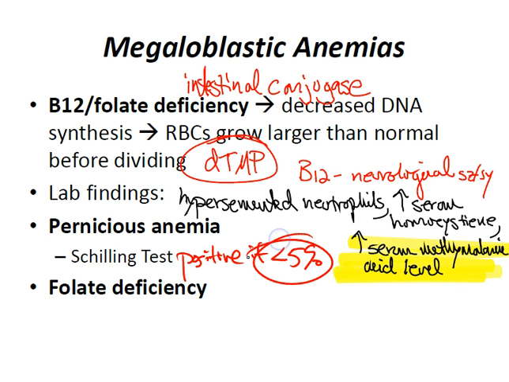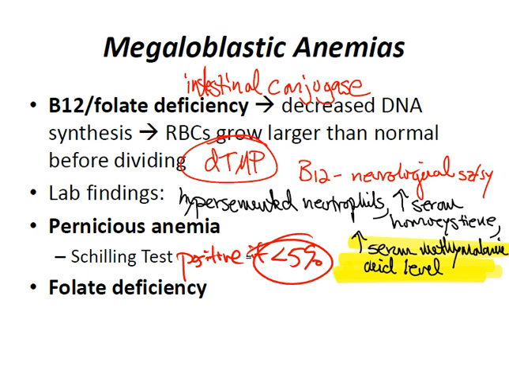If less than 5% is detected within the urine in 24 hours, it indicates pernicious anemia or what else? Malabsorption.